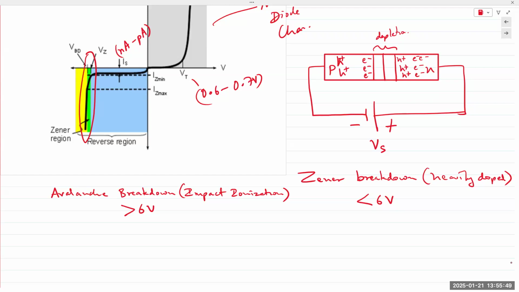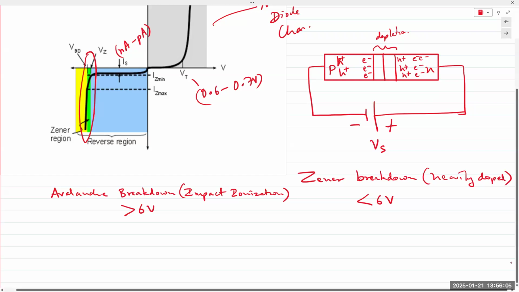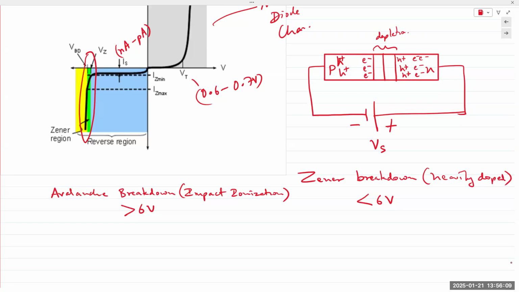However, in general terms, for a long time, any reverse breakdown that occurs is always referred to as a Zener breakdown. Technically, it could be Zener as well as avalanche, two separate mechanisms. But in general, all reverse breakdowns are now referred to as Zener breakdowns. So if you read Zener and reverse bias, it could be referring to both processes.